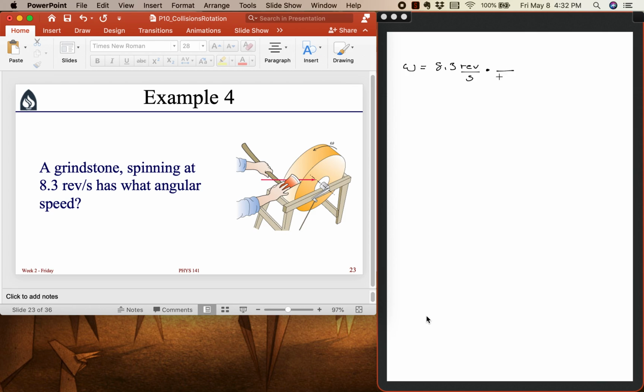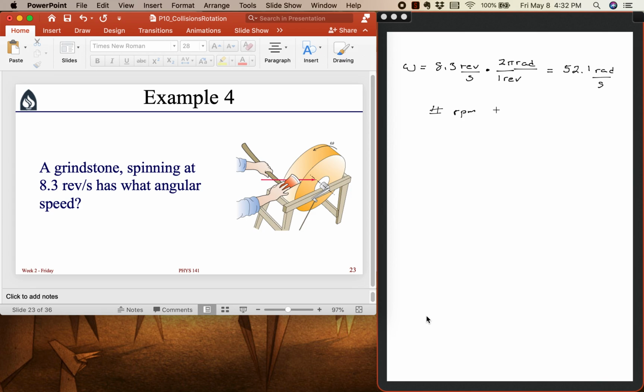Well, we know that 1 revolution is equivalent to 2 pi radians, because 2 pi radians is once all the way around the circle. So if you undergo 1 complete revolution, you're going through 2 pi radians. So then that's going to be equal to 52.1 radians per second.